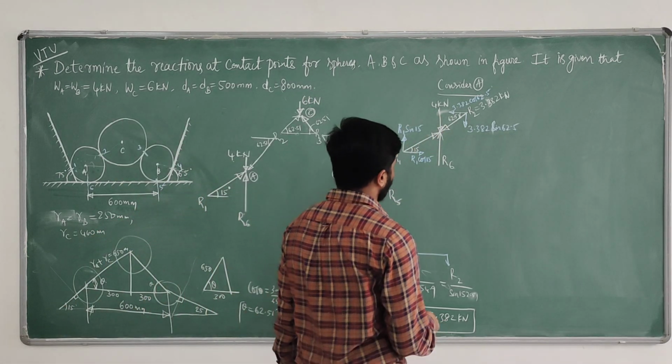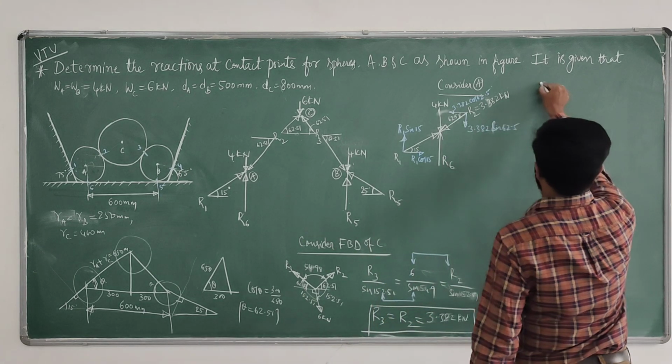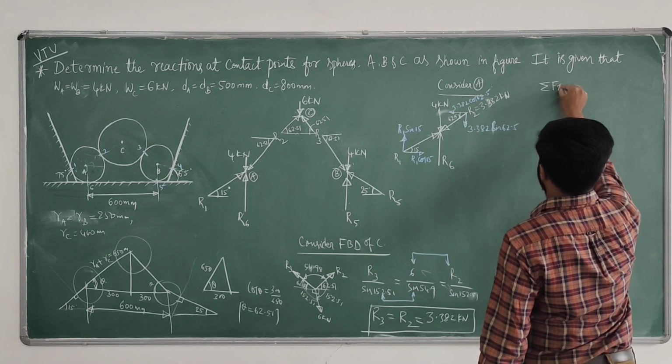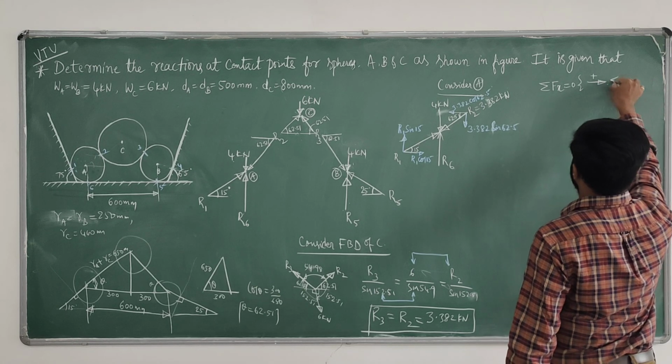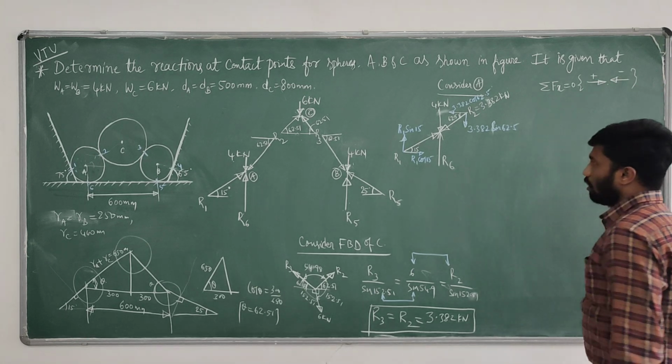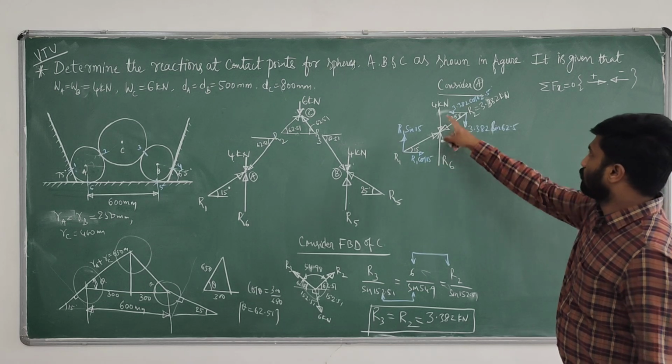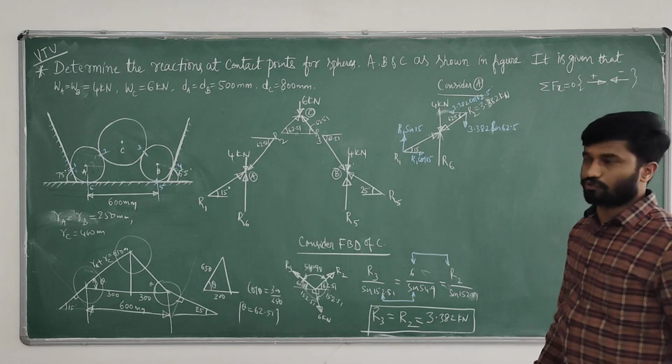Now apply equations of statics: sigma Fx equals 0 and sigma Fy equals 0. If you apply sigma Fx equals 0, apply the sign convention: all right side forces are positive, left side forces are negative. How many forces are there? 1, 2. Only two horizontal forces.